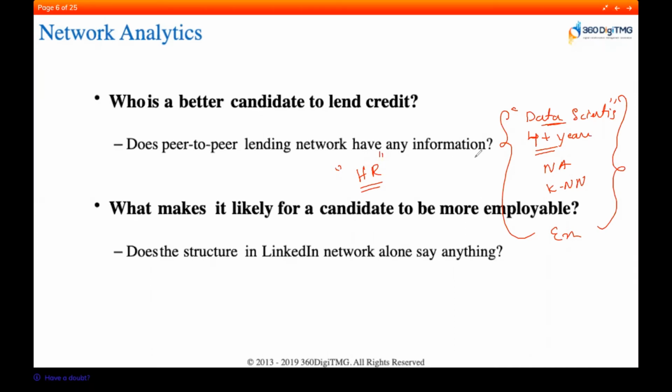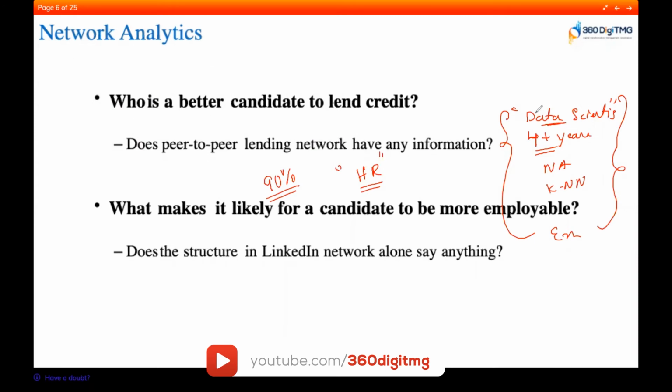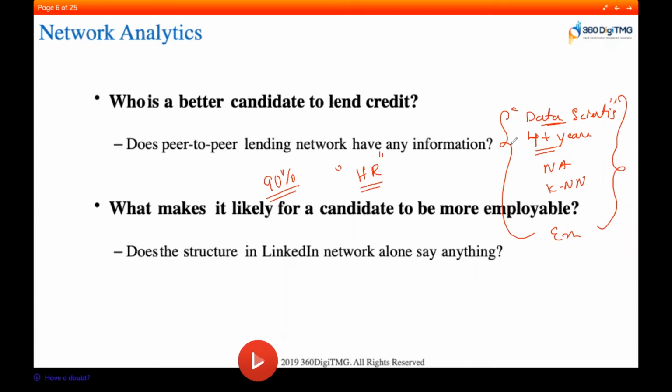If they find everything is fine, then only they will get in touch with you to discuss more. So the first kind of screening is happening without contacting you at all. This kind of analysis is also called network analytics. If you trust me, 90% of HRs use this analysis to get in touch with the right candidate. If they do not find the right network on your profile, they will not get in touch with you.